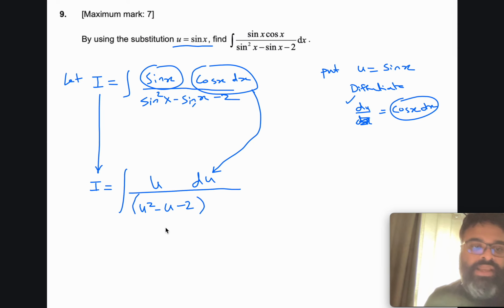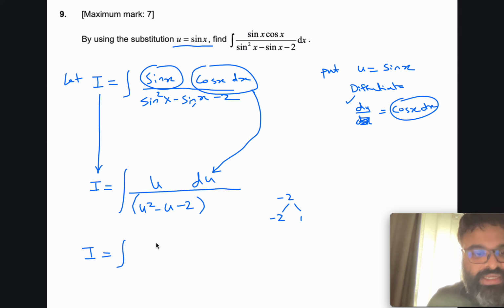Fairly simple. Now we again have to find the factors for the denominator. It's a quadratic, so for minus 2 we want minus 2 times 1, which is minus 2, plus 1. Those are the roots.